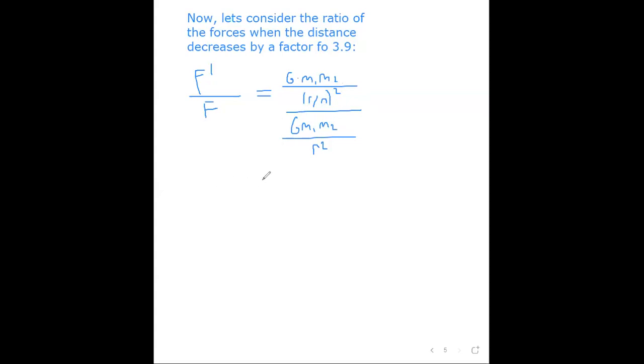What we're going to get left with is the expression G M1 M2 R squared all over G M1 M2 all over R over N squared.